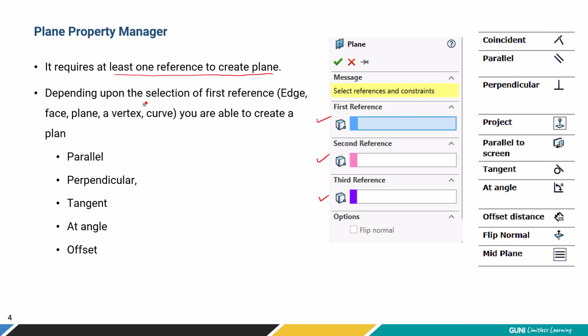So depending upon the selection of first reference, that is edge, face, plane, vertex or curve, you are able to create a plane parallel, perpendicular, tangent, at an angle and offset to the reference surface. So when you have a complete selection of references, this will turn into fully defined state. It will be in green color.